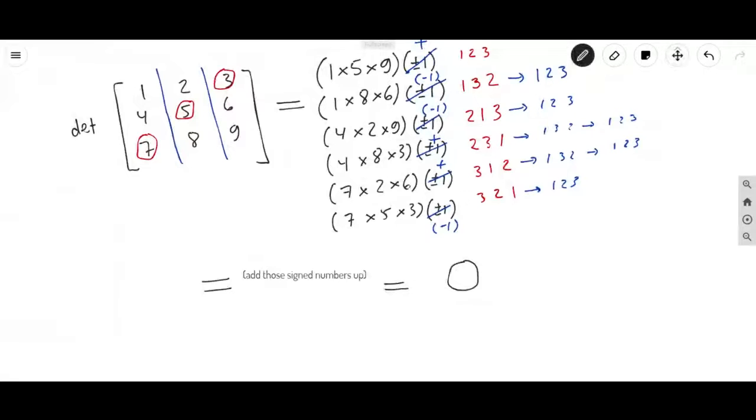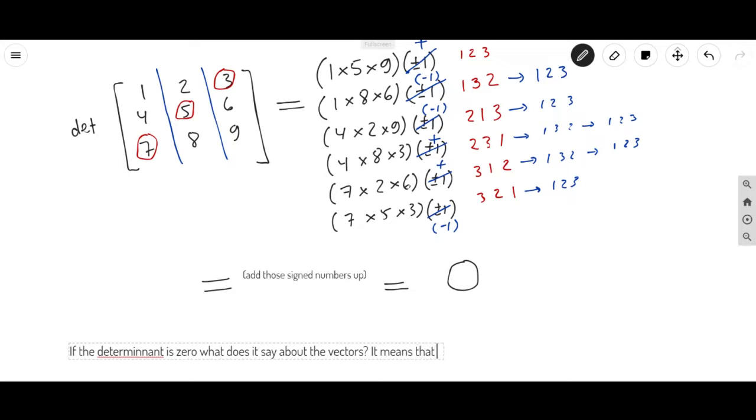So what does it mean? If the determinant is 0, what does it say about the vectors?